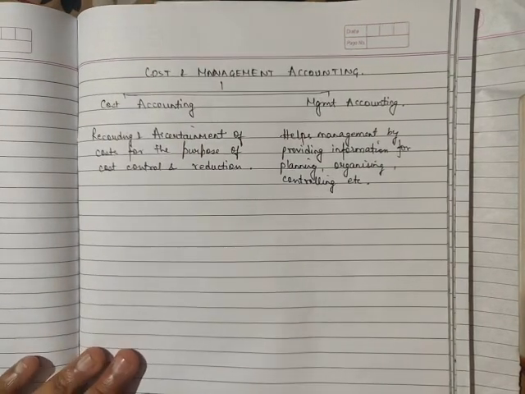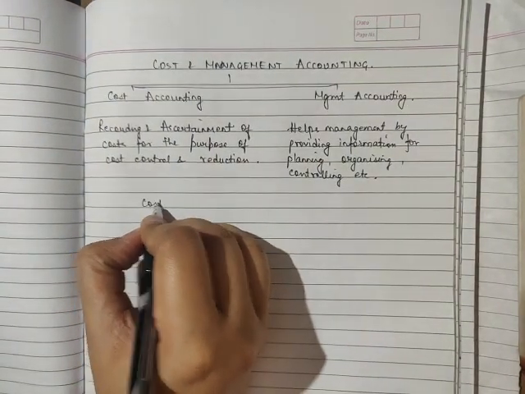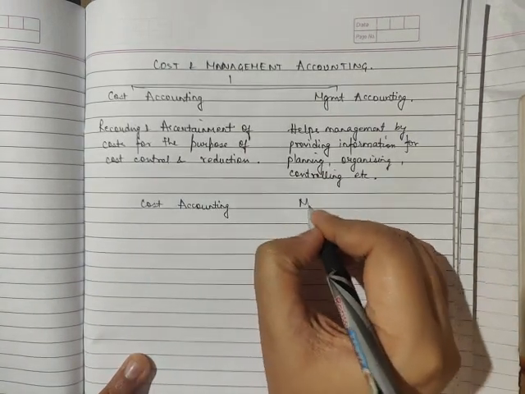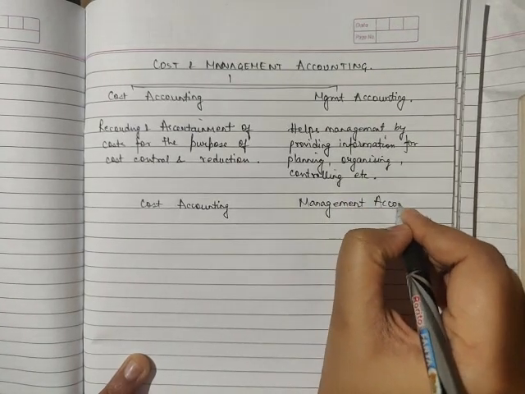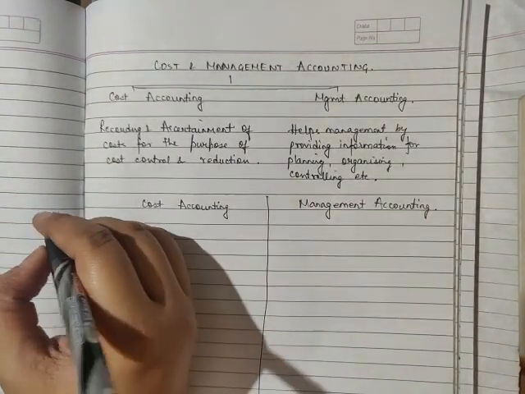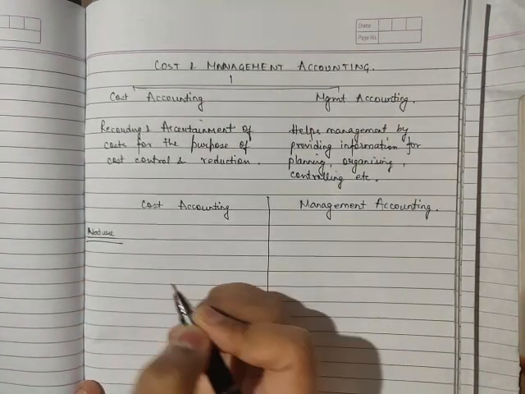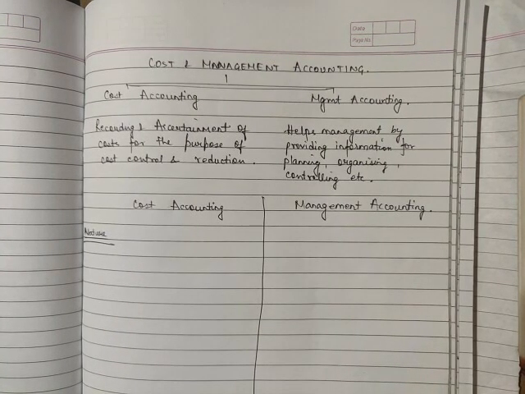So let us look at the differences between cost accounting and management accounting. The first difference is the nature of information. Cost accounting is related to ascertaining how much money we have spent in the production of a product.